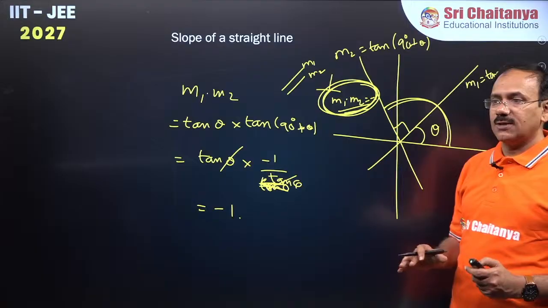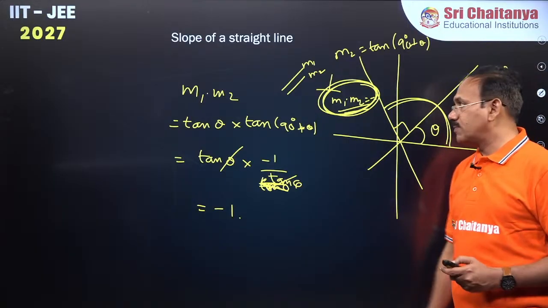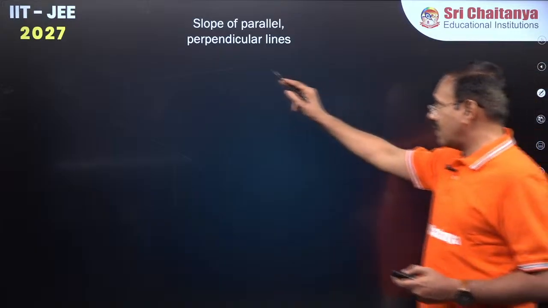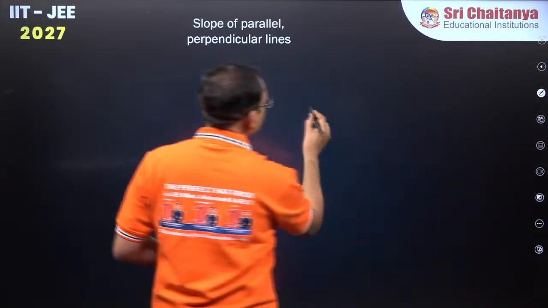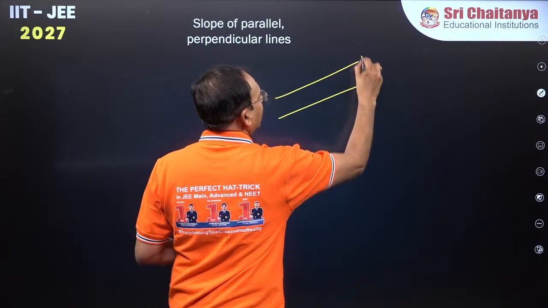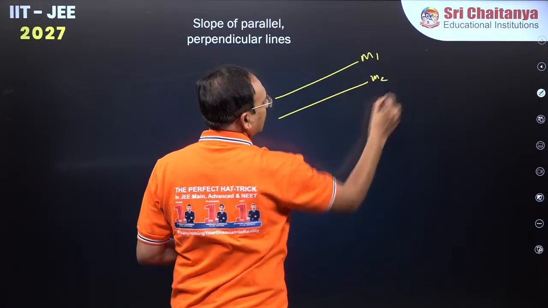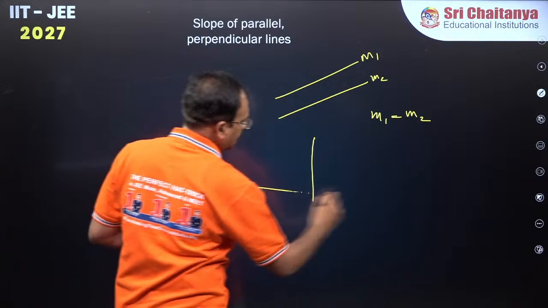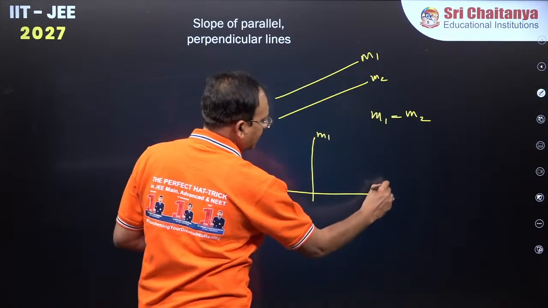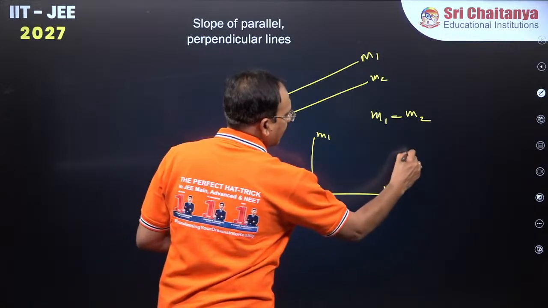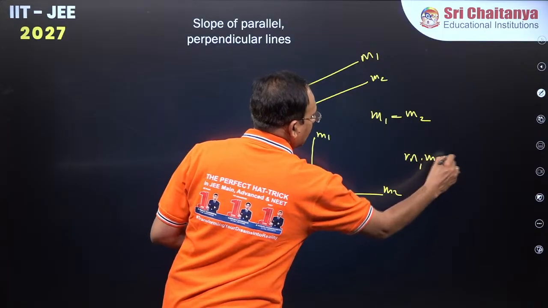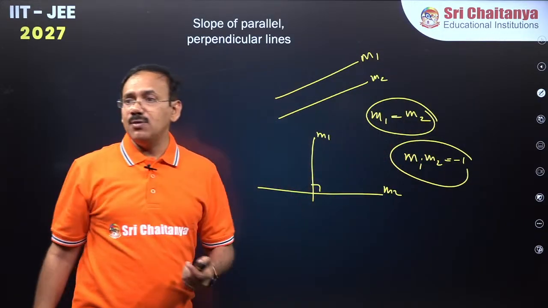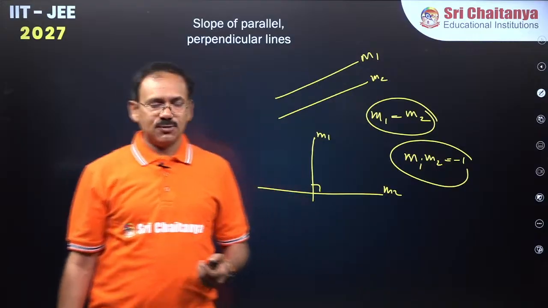If two lines are perpendicular, product of the slopes is minus 1. And apart from this, dear students, that's what I have written, slope of parallel lines. If two lines are parallel with slopes M1, M2, the condition is M1 is equal to M2. If two lines are perpendicular with slopes M1, M2, the condition is M1 into M2 is equal to minus 1. So you must remember these two. We will be using these points very frequently, dear students.